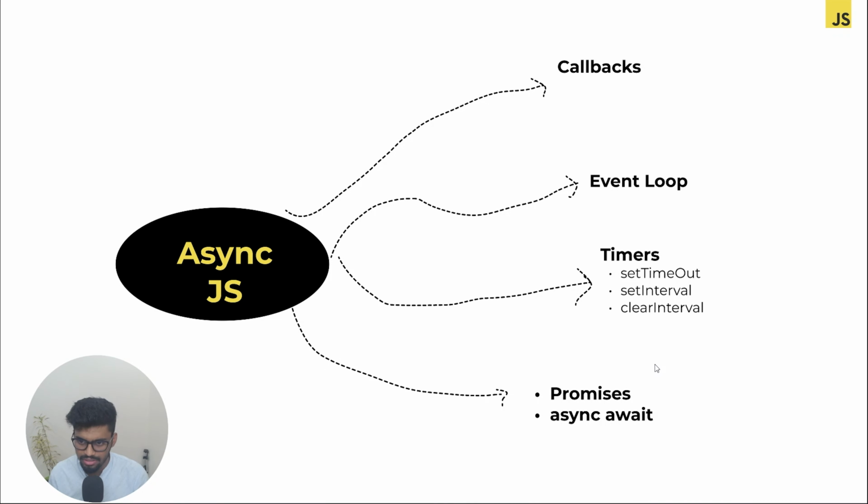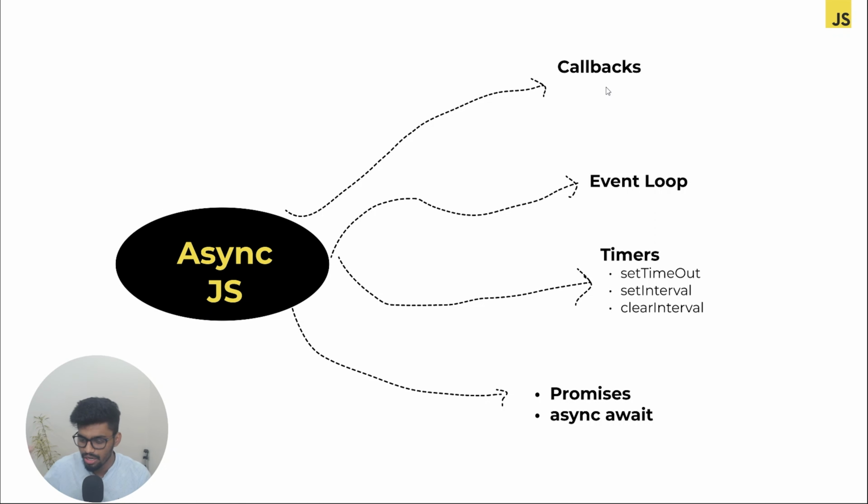I know there are a lot of things, but hold on a bit. So, callbacks. As you know, JavaScript is a synchronous and single threaded language, so how would you achieve asynchronous JavaScript? There are a lot of things that go on behind the scenes in JavaScript. The first one is callbacks. They give you the ability to achieve asynchronicity in JavaScript.